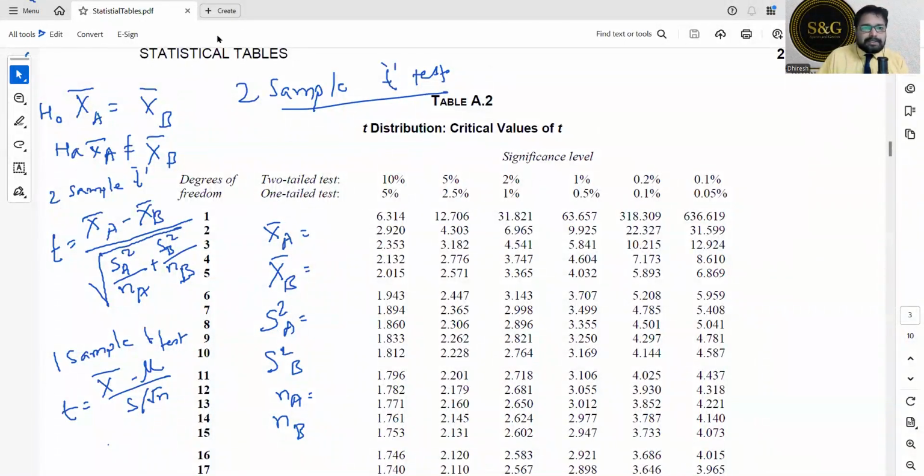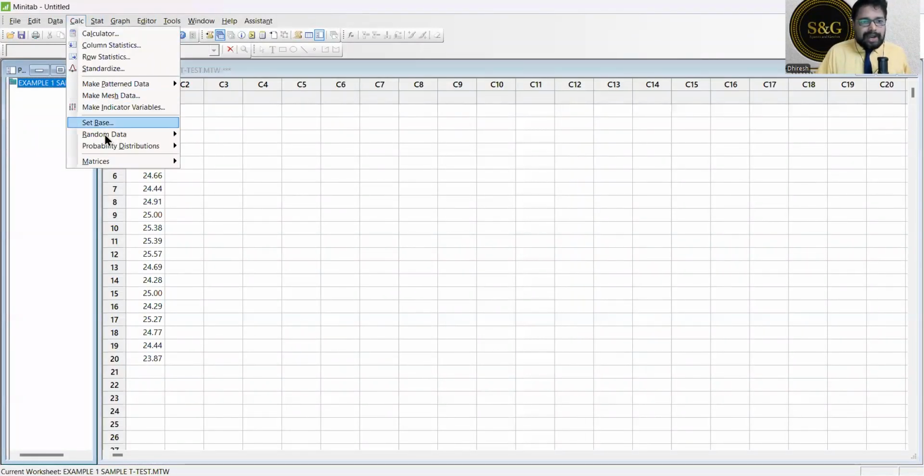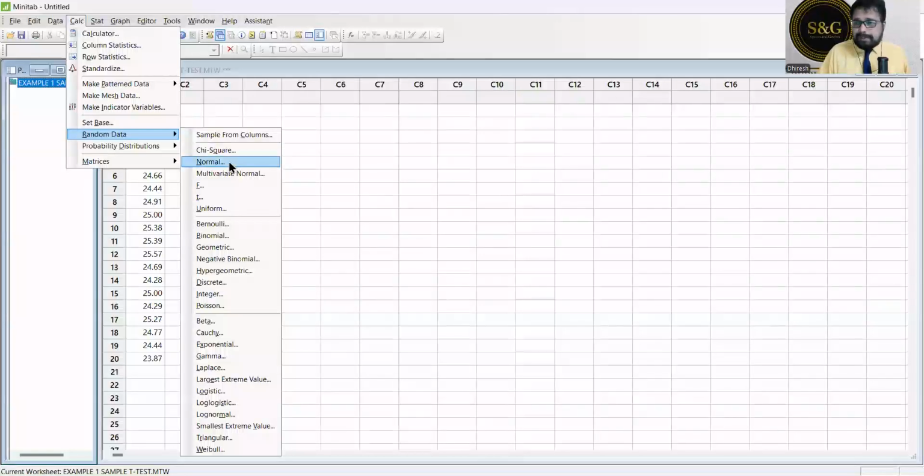Here I have got some weight data. Or you can just create the data set. Go to Calc, Random Data, Normal. We'll generate some data set and we will do two sample t-test. So Calc, Random Data, Normal.